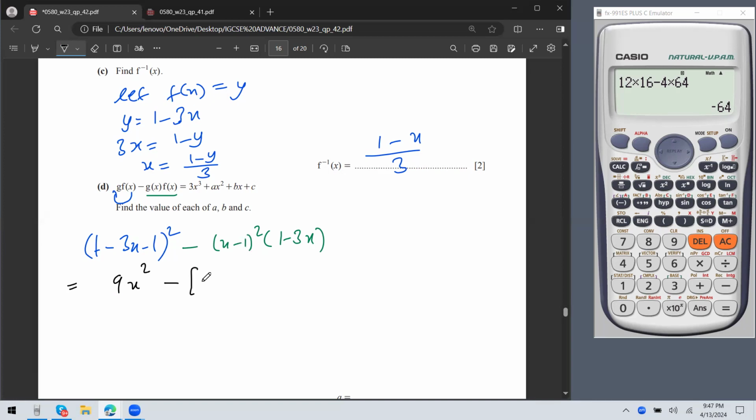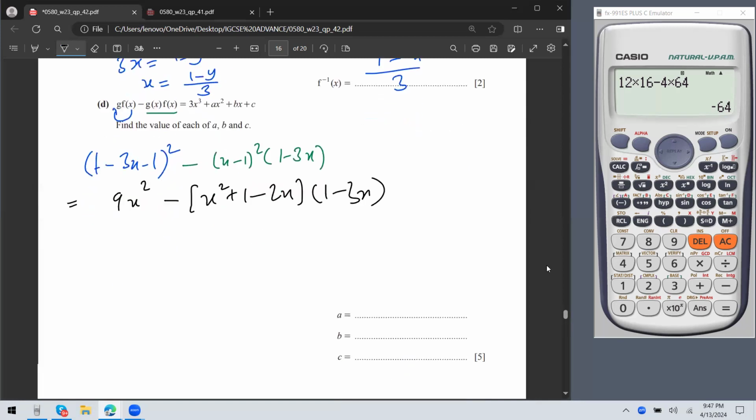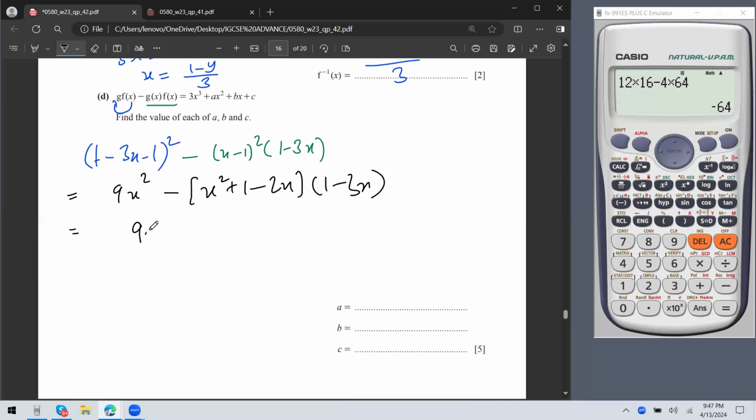Let's expand this. X square plus 1 minus 2x. X squared and 1 square. 3x cubed plus 1 minus 3x minus 2 6x squared.